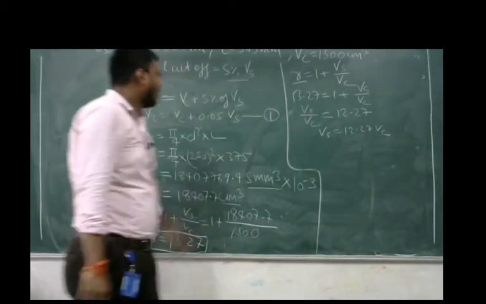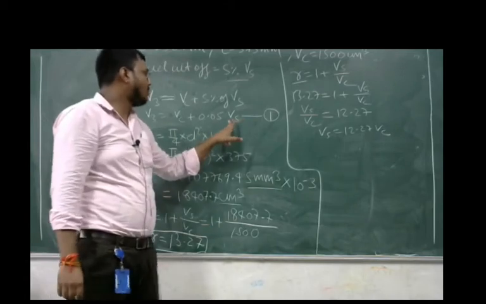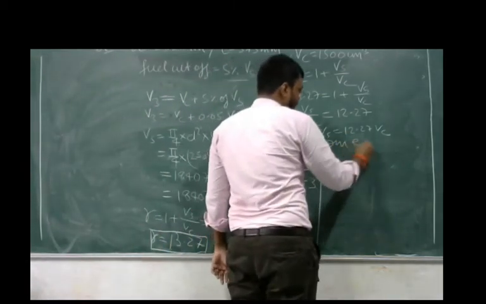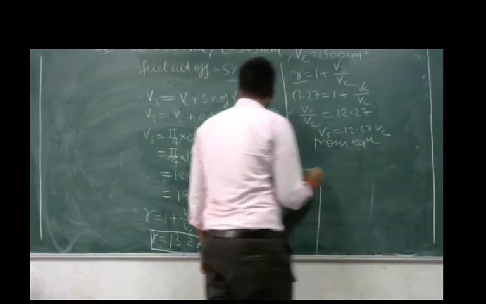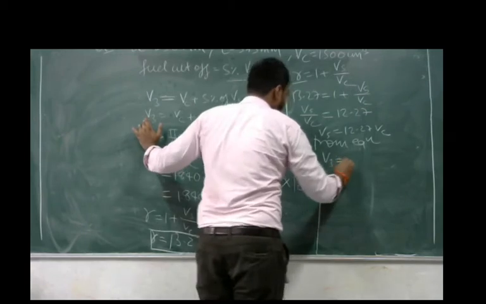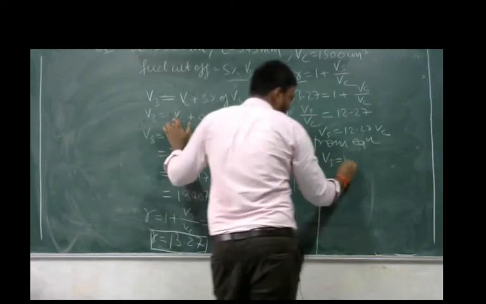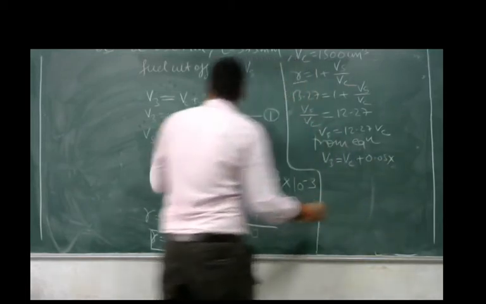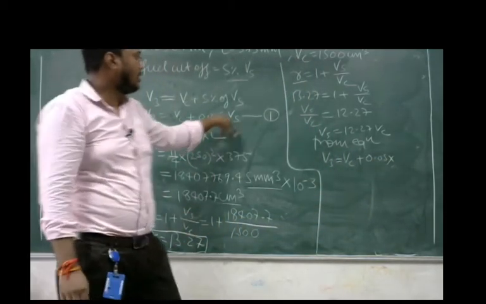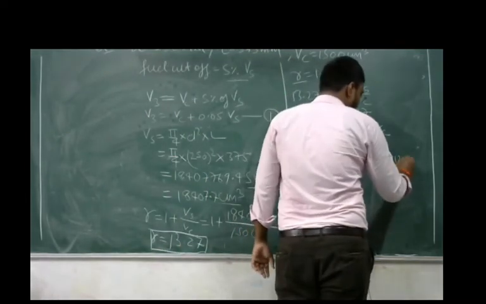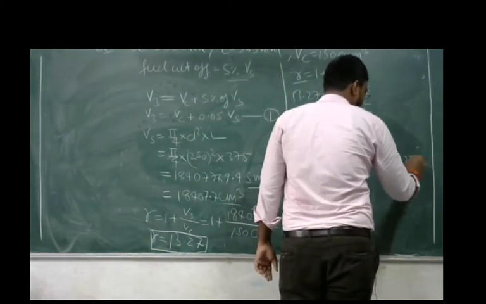Now from equation 1, in place of Vs put 12.27 Vc. So from equation 1 we can put V3 is equal to Vc plus 0.05 into, in place of Vs, 12.27 Vc.